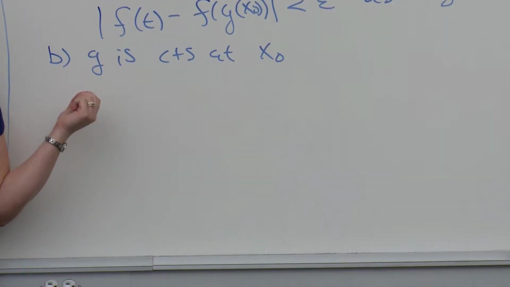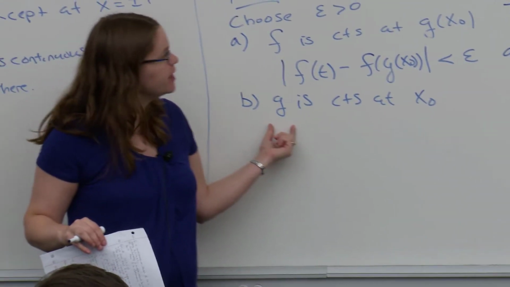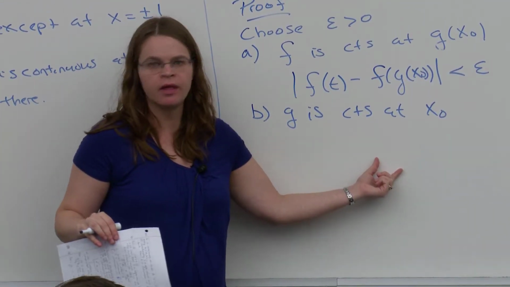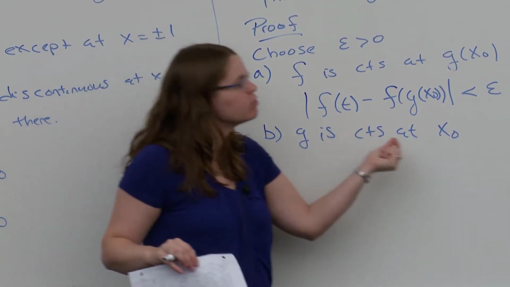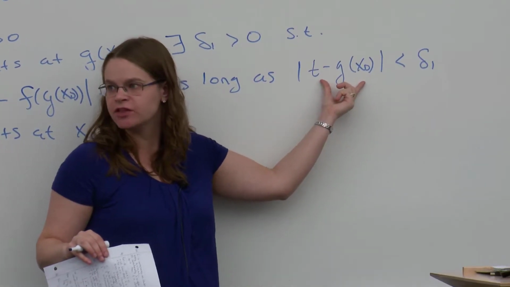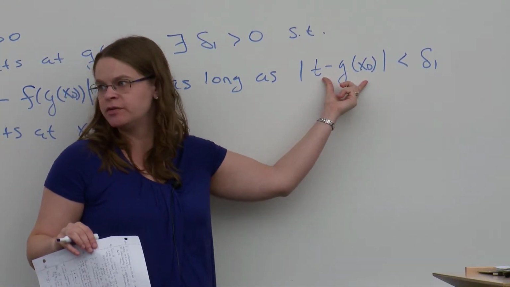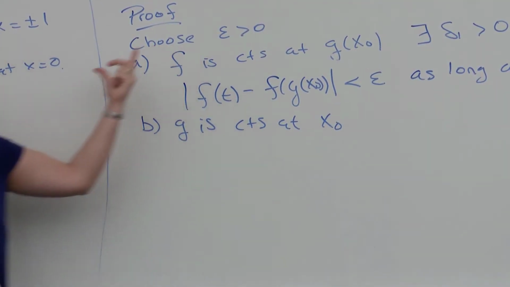What would I like to call my tolerance here? We know that we're going to have g of x minus g of x naught, and that's the thing that we're going to plug into f, right? So it seems reasonable if these are the things we're plugging into f, we'd actually like them to be within delta 1 of each other, right? Because we're going to feed this tolerance into this tolerance into this tolerance.